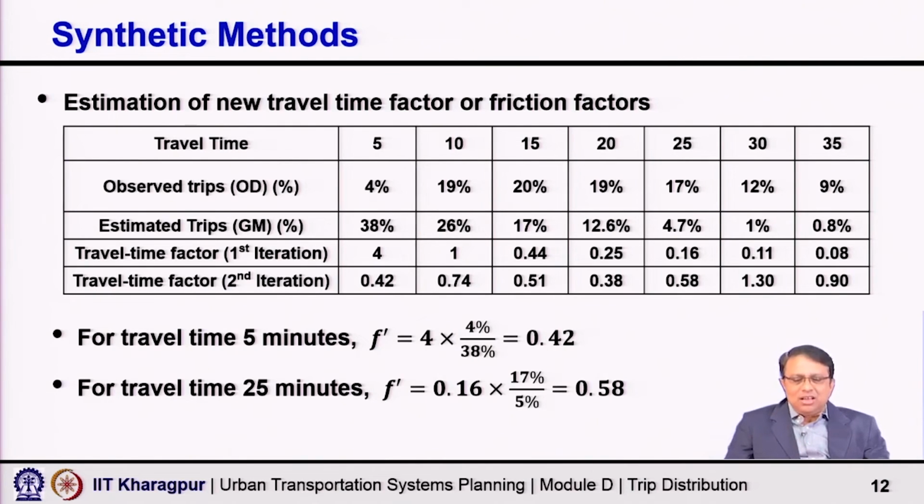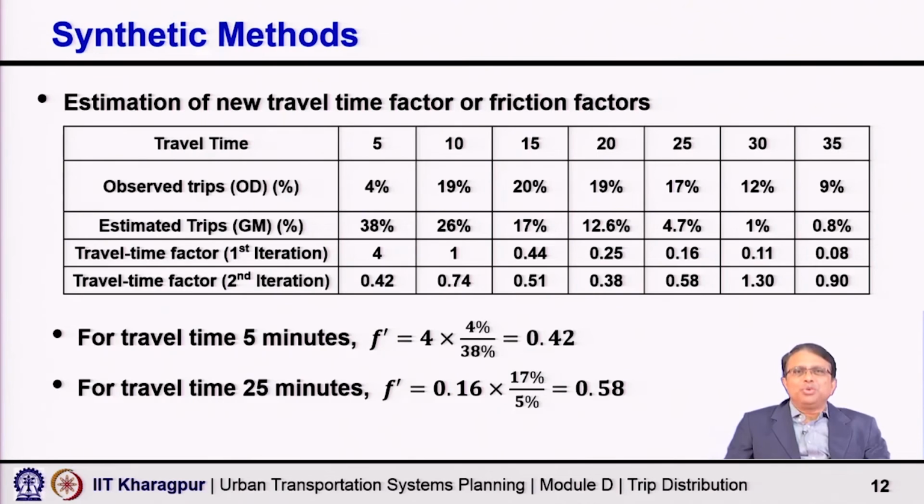Exactly, you see it here. Your estimated value in the gravity model is 38% and your actual observed value for the travel time is 4%. So, you used a value of 4, which is very high. So, we need to reduce it.